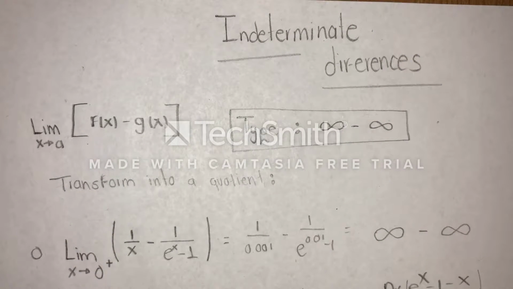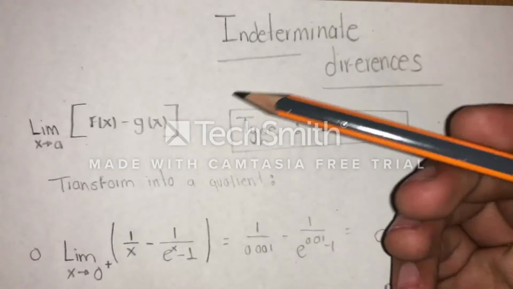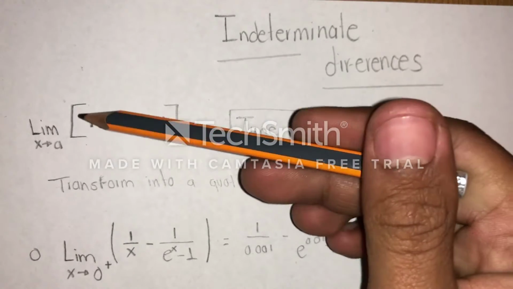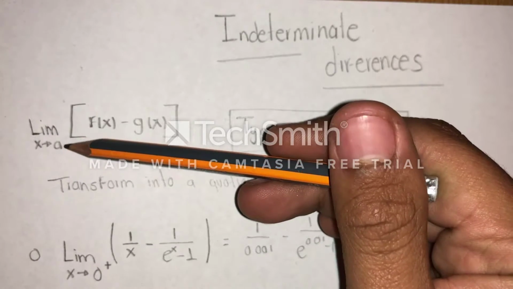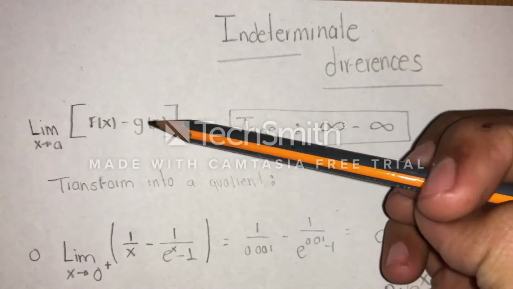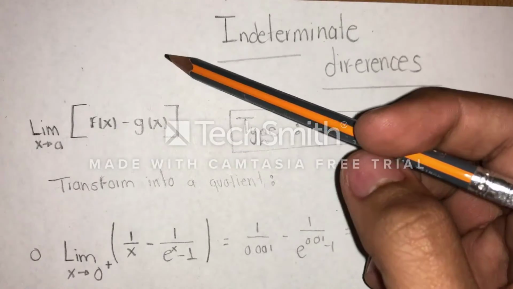Well, the second type of indeterminate forms is indeterminate differences. As its name says, an indeterminate difference takes place when we evaluate the limit as x approaches a of a difference of functions, in this case f of x minus g of x.